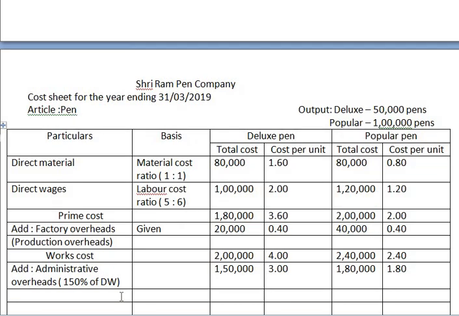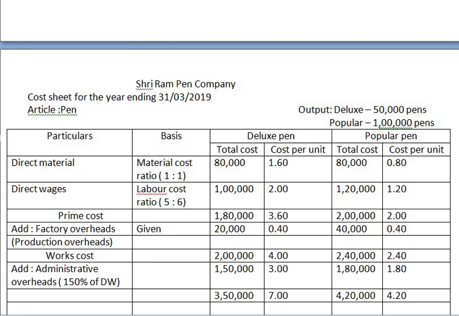Now make total of this. It is 3,50,000, 7 rupees, and here 4,20,000, 4.20.